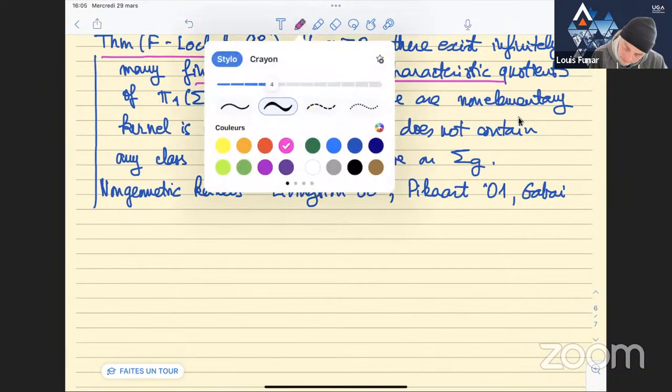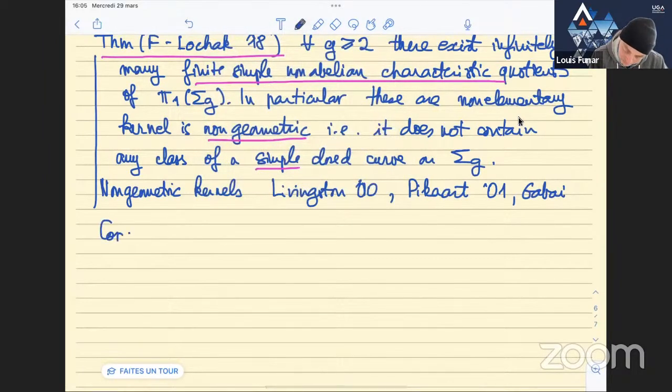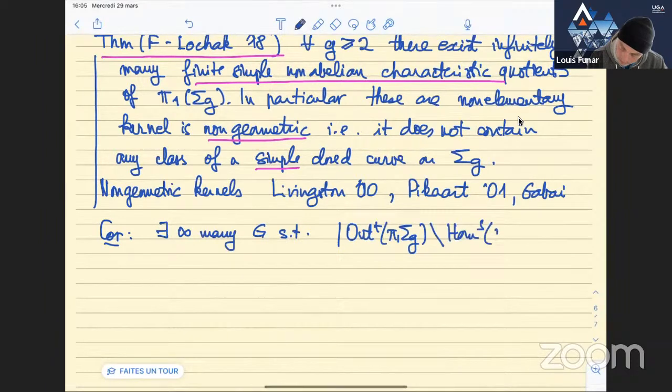Let me state it. There exist infinitely many G such that the action is at least 2.